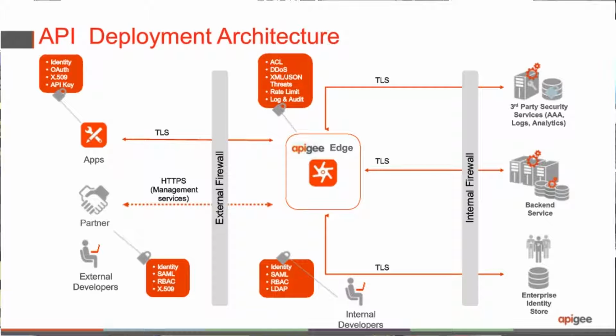So be able to create a deployment architecture and identify the different access requirements for each of those users and services interacting with your API platform. That allows you to isolate the threats and give access to the right actors.